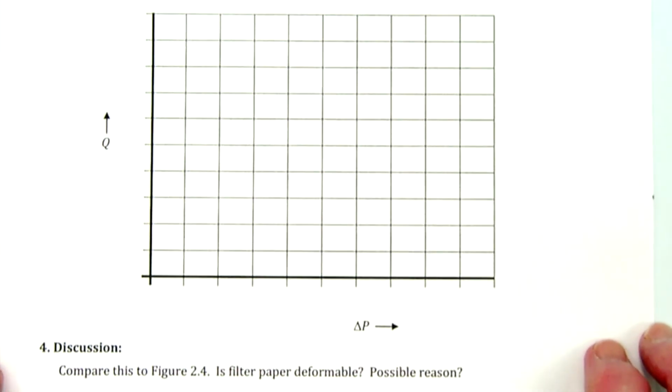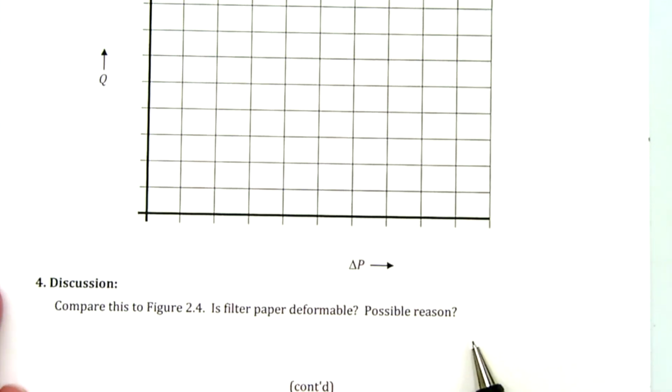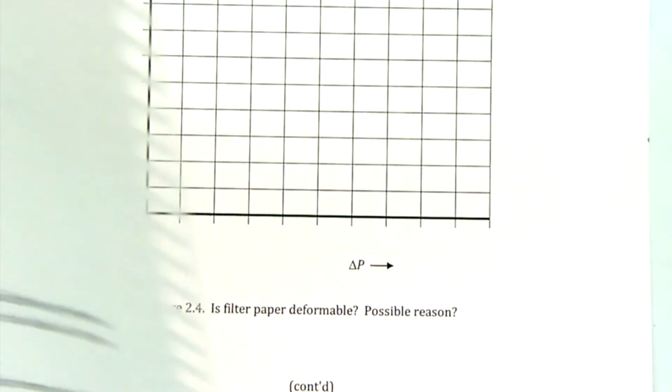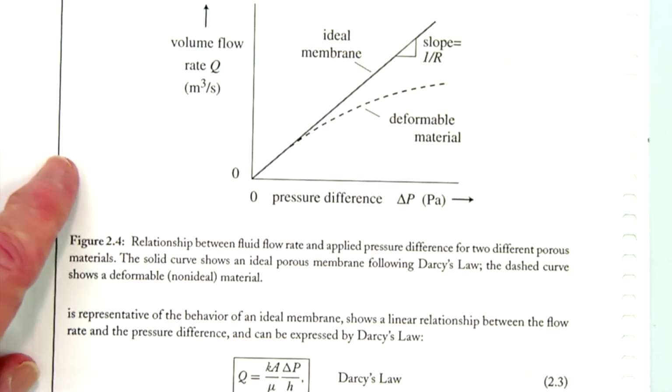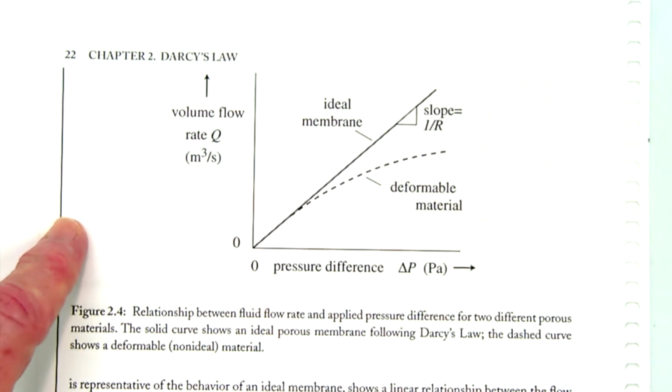Now that we have our plot done, let's go down to this discussion. We want to compare that plot to figure 2.4 in the textbook to tell whether the filter paper is deformable or not. Here's figure 2.4.